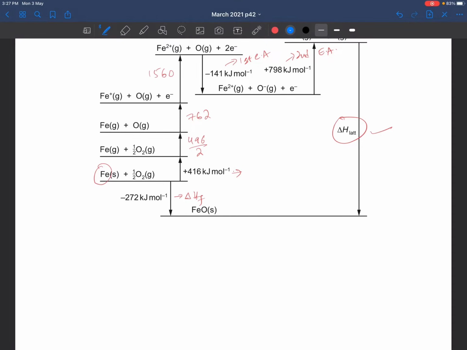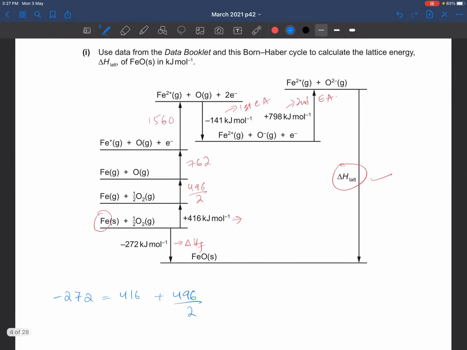Now this would be minus 272, heat of formation would be equal to heat of atomization of iron, 416 plus 496 divided by 2, because we are just following the direction of arrows, right? So we just simply have to add them up the way the values we have here. So 496 divided by 2 plus 762 plus 1560 minus 141, right?